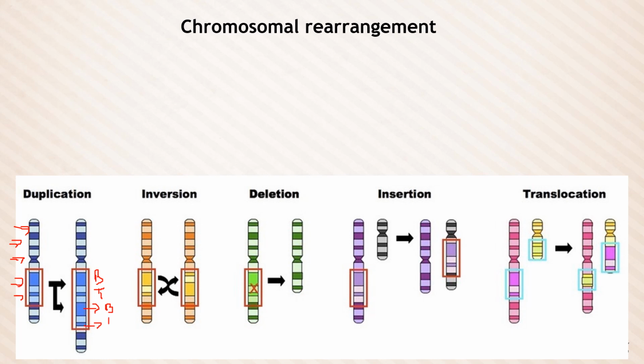And if you measure the sizes, it looks like they are the same. So there was a duplication, and so one type of chromosomal rearrangement is that a piece of the chromosome duplicates. So you have duplicated different parts of different genes. Now we can understand what actually duplicated there. So this is one type of chromosomal rearrangement.